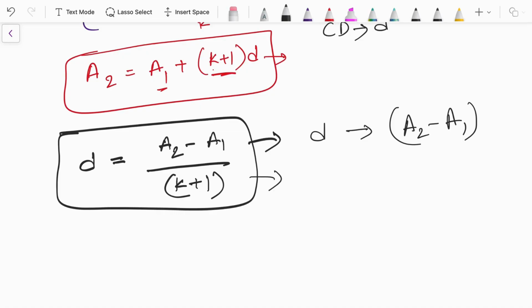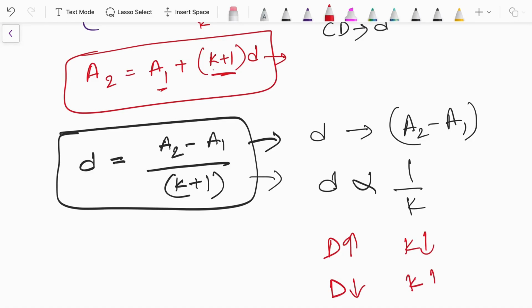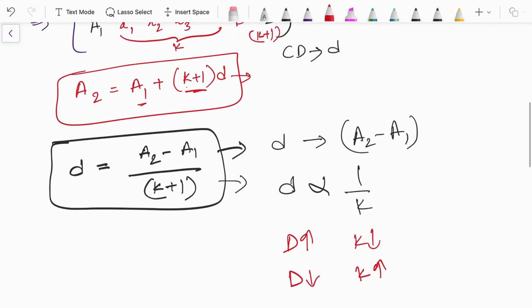From this, we also see an observation that D is inversely proportional to k. That means if D increases, k decreases. If D decreases, k increases. And we know that k is the number of elements that we have inserted in between, and the problem statement asks us to minimize the number of operations needed.